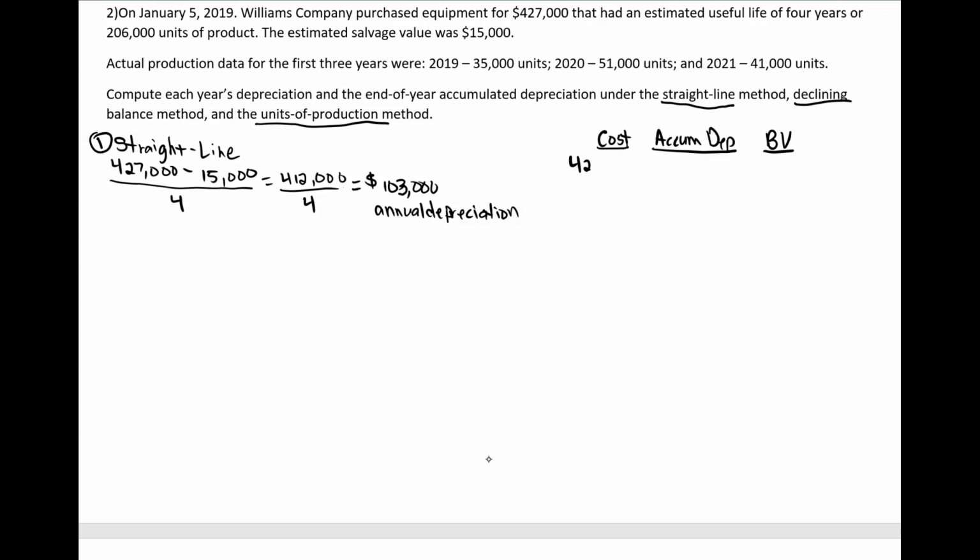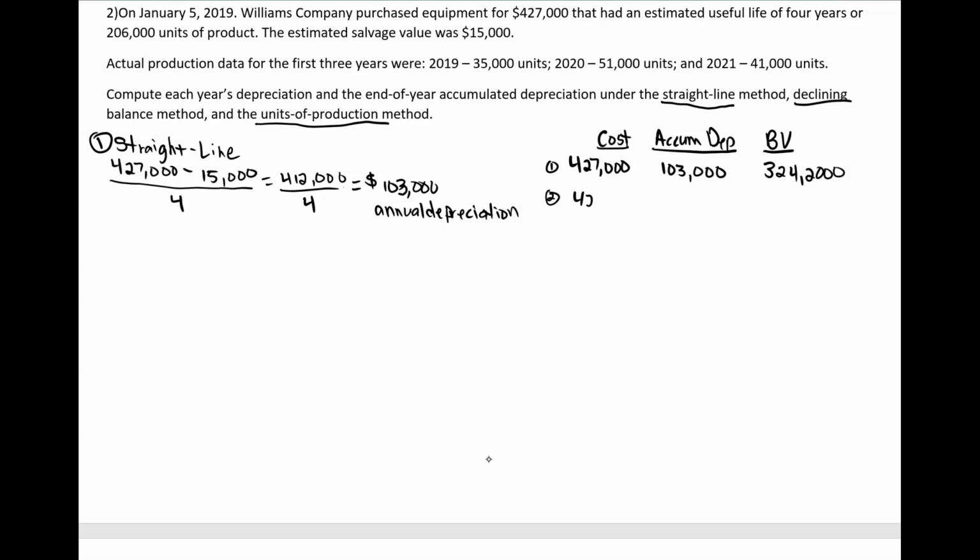Okay, the cost is $427. We are going to depreciate $103 the first year, which means that is what is sitting in accumulated depreciation. Take the cost minus accumulated depreciation to give you your book value, $324,000. Okay, that was year 1.